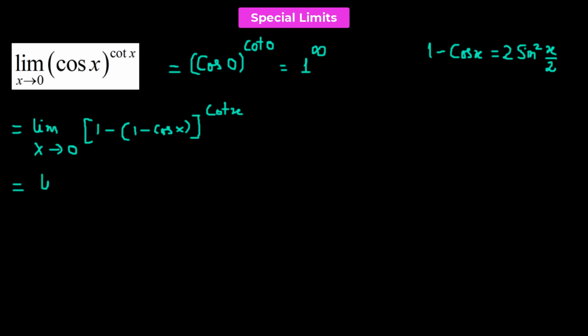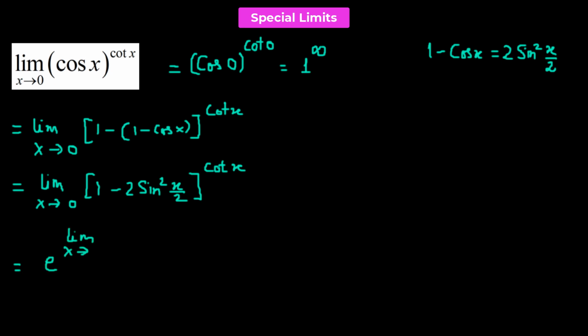So we can rewrite it as limit x approaching 0 of 1 minus 2 times sine squared x over 2 whole raised to the power of cot of x. Now we can change it to e raised to the power of limit x approaching 0 of f of x, which is negative 2 sine squared x over 2, multiplied by g of x, which is cot of x.